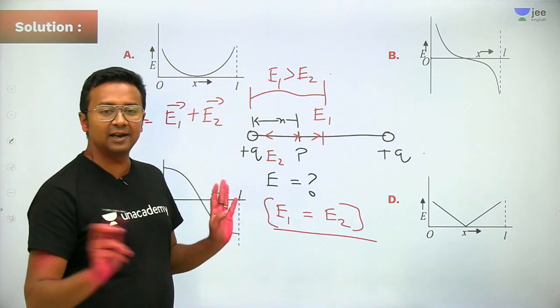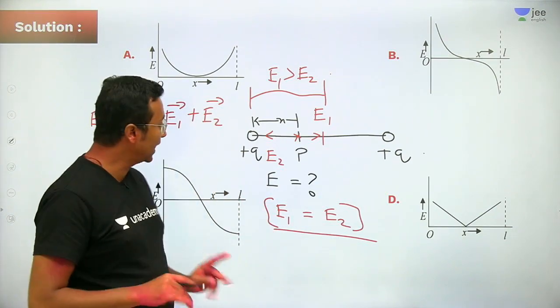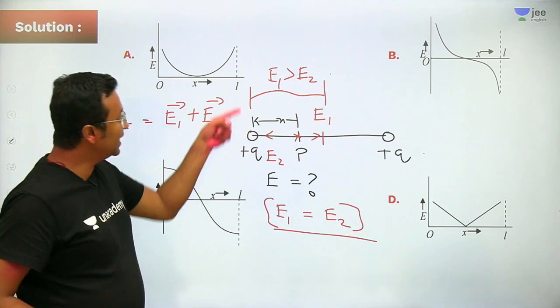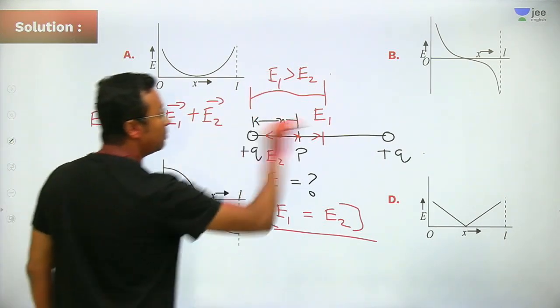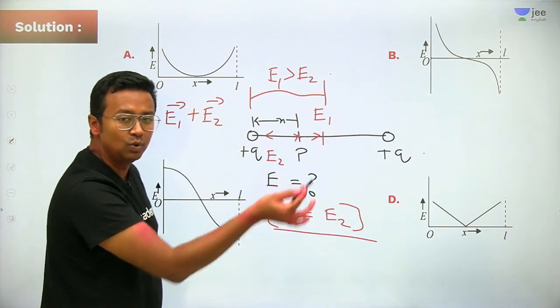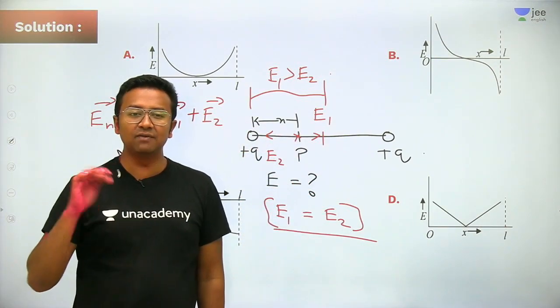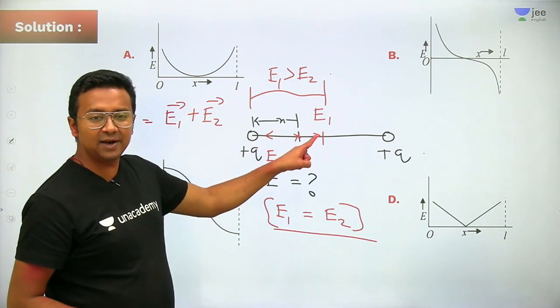We are doing it analytically, not writing down any expression. E1 is in the positive direction, E2 is in the negative direction, and E1 is greater than E2. That means the net electric field is positive between 0 and L by 2.